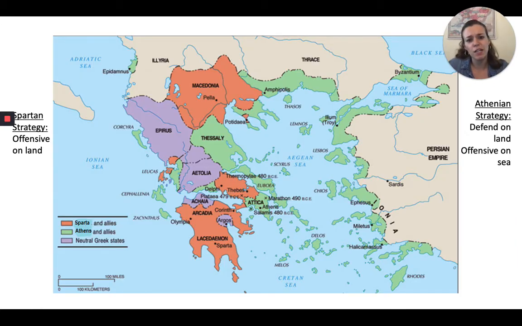So what they're fighting over ultimately is control over Greece. Which alliance system is going to have the most control? So you can see the orange territories were allied with Sparta. The green ones were allied with Athens. You can see how many of these are colonies.